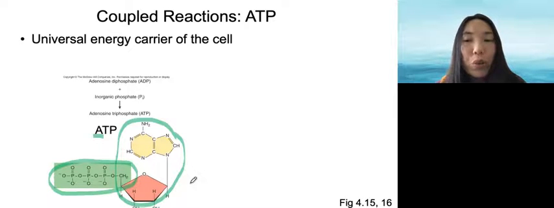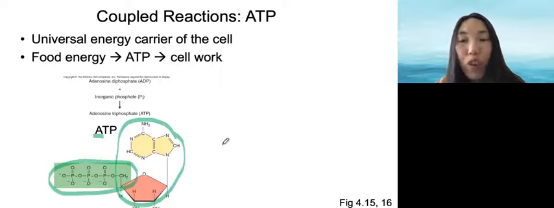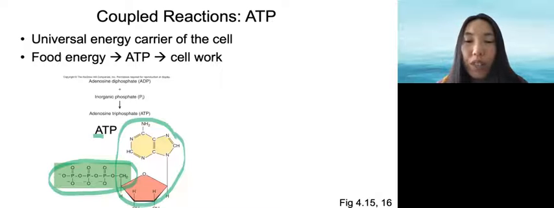Here, we will use a coupled reaction. In our first reaction, we will take the energy from food and transform it into the energy of ATP. Then, in our second reaction, we will take the energy in ATP and transform it into energy of the cell doing work.